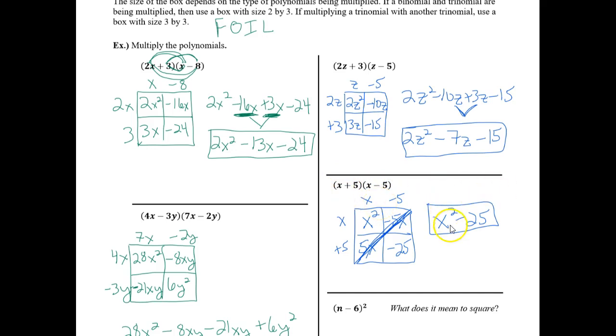When we multiply them out, that positive and negative of the same thing is what makes it add up to 0 for the middle term. I had a positive 5x and a negative 5x, and then the middle term adds to 0 and drops out. So whenever we multiply conjugates, we will get what we call a difference of squares. And we'll learn more about that when we talk about factoring.